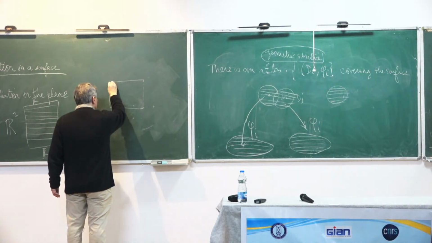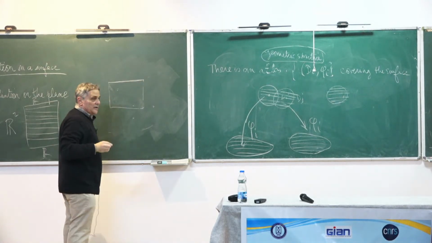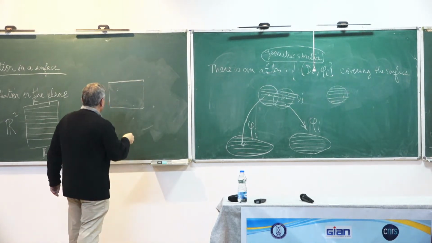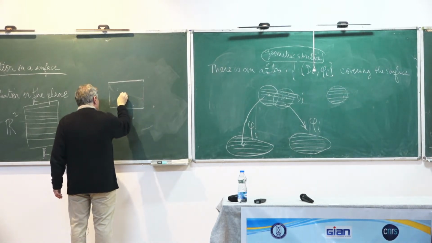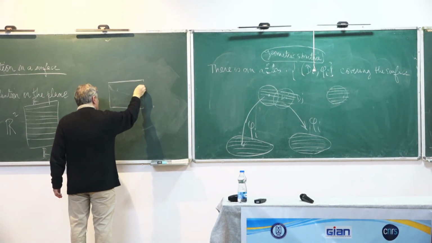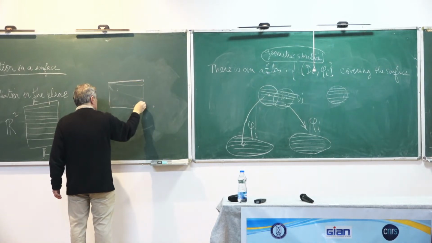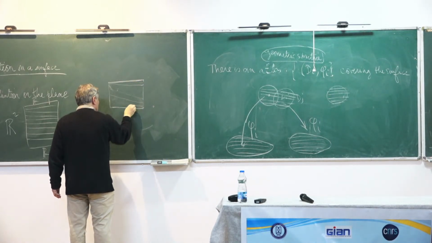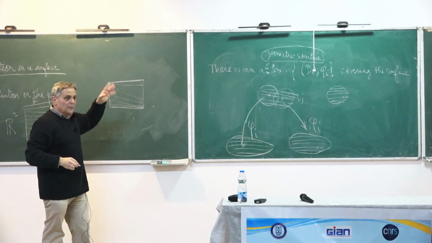I want this to be a closed curve of my foliation, and I want this a closed curve, and then I want the lines of my foliation to spiral around this one, and here to spiral also around this one. You see, this one will come here, and then it will continue like this.